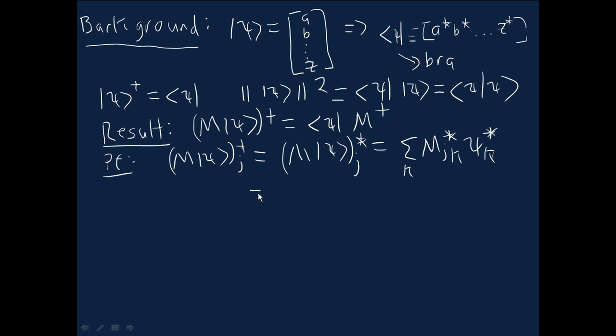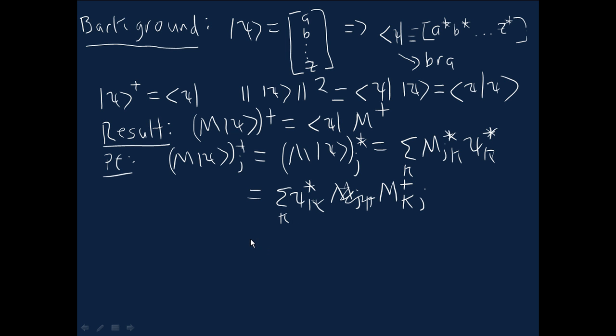Because these are all just numbers, we can move the psi over to the left to make this psi_k star, and then M_kj star dagger. So I'm transposing the indices and turning the star into a dagger.